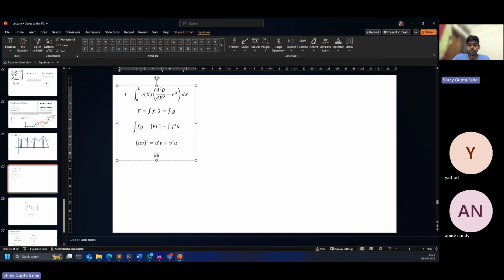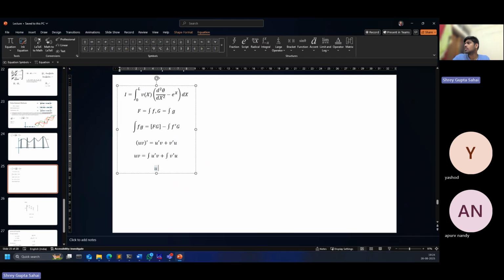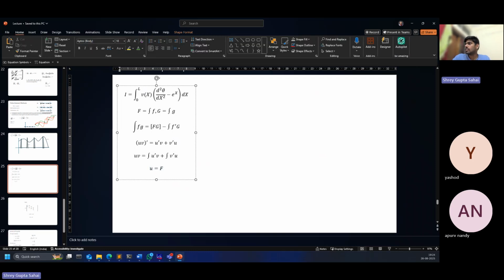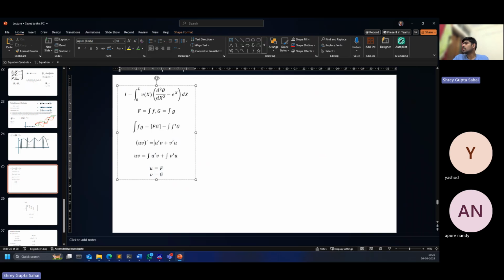So you get uv equals integration of u'v plus integration of v'u, and now with a little bit of manipulation you write u equals f and v equals g. Oh, there's something incorrect there. This will not be integrated, I guess. Small fg.